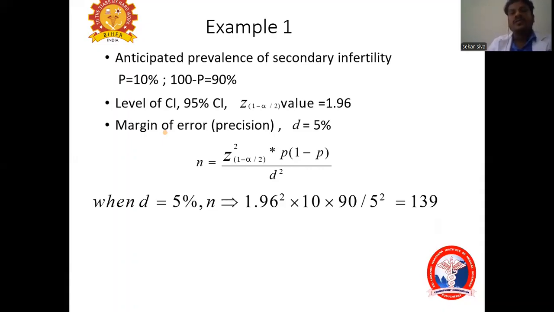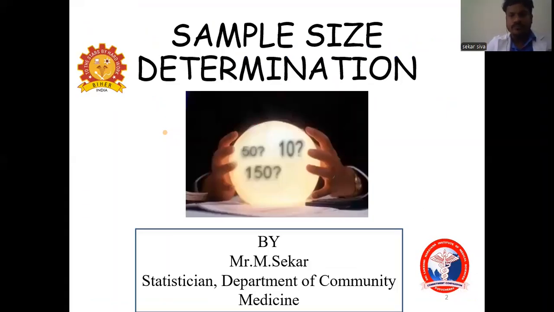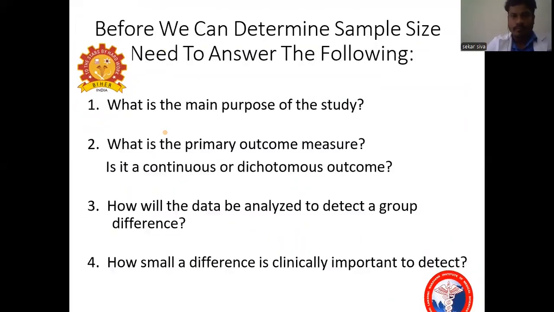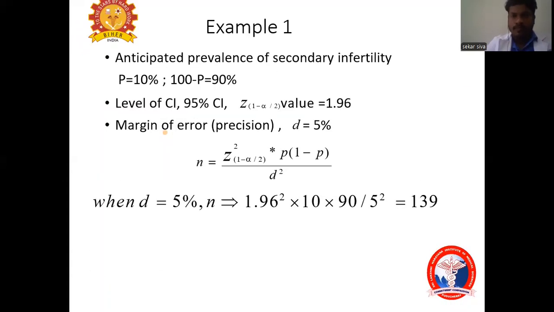So z square, 1.96 squared, is 3.841. With p as 10% and 1 minus p as 90, divided by d square, where the margin of error is 5, the total sample size if d is 5% is 139.